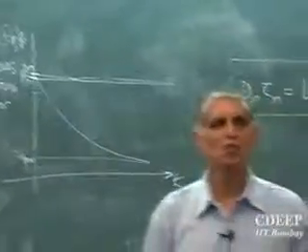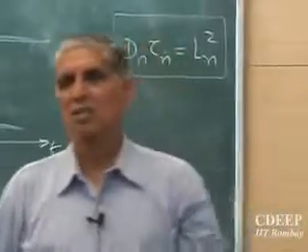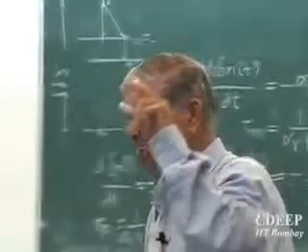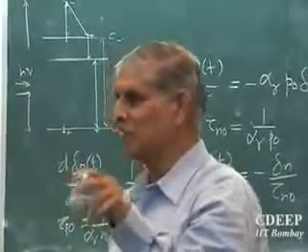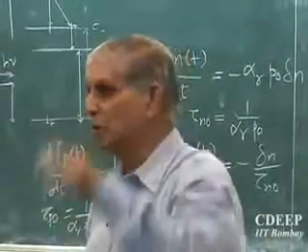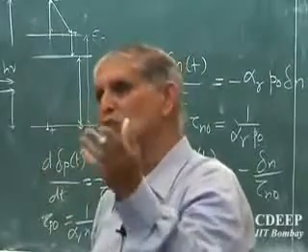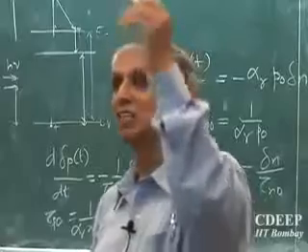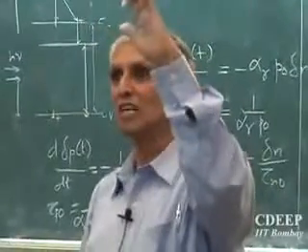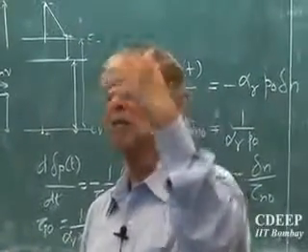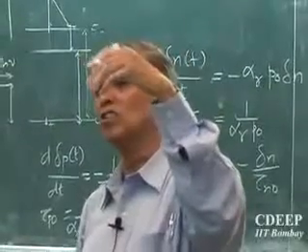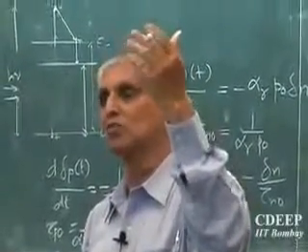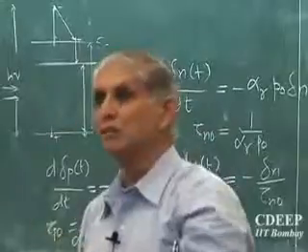What does this np0 mean? Electrons in p at thermal equilibrium. Is that correct? n0 is the same, but np0 may be more relevant because we say electrons are minority in p. So we say np0 is the equilibrium carrier concentration of electrons in p semiconductor.